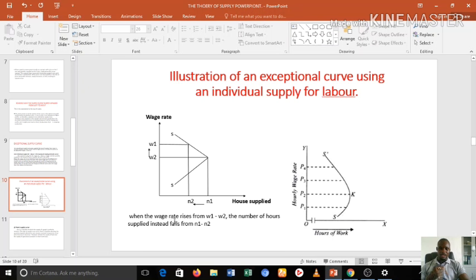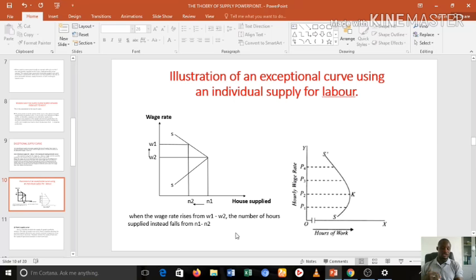When the wage rate rises, the number of hours supplied instead falls, meaning that as the price for wage rate increases, quantity supplied for labor falls. Because that person will instead find more time for leisure with the too much wage that he or she is earning than put in hours for work.